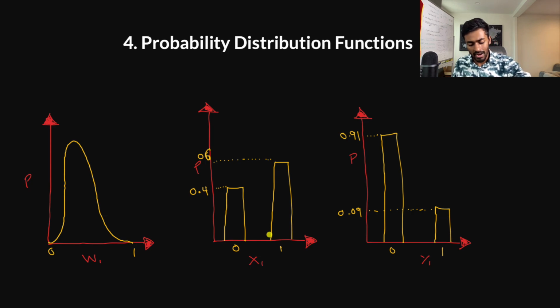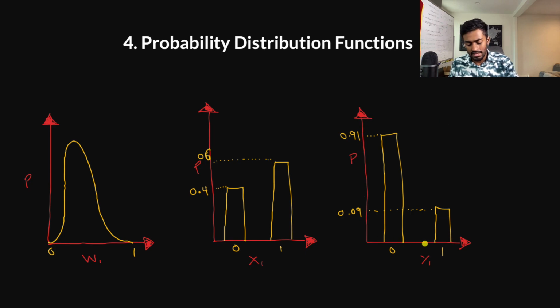Now, a cool thing about these probability distribution functions is that we can answer some pretty interesting questions. For example, what is the probability that a flight has been delayed in general? Well, we can look at the random variable that represents flight delays, and the probability that a flight is going to be delayed is 0.09, which is 9%.